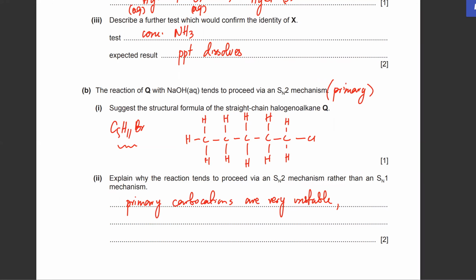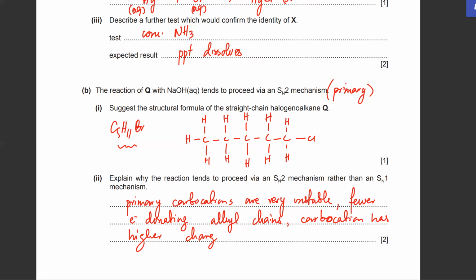Because they have fewer alkyl, so electron donating, alkyl chains. And since there are fewer of them, electron donating alkyl chains, the carbocation has higher charge density. So it's got higher charge density. So that's about it.